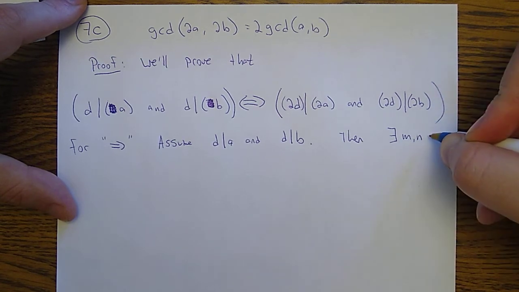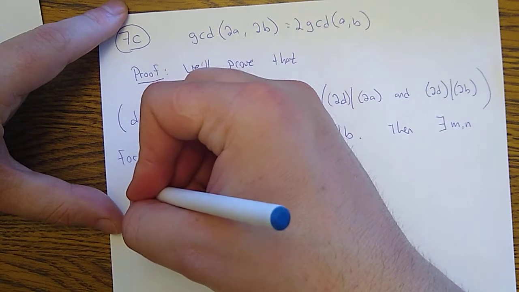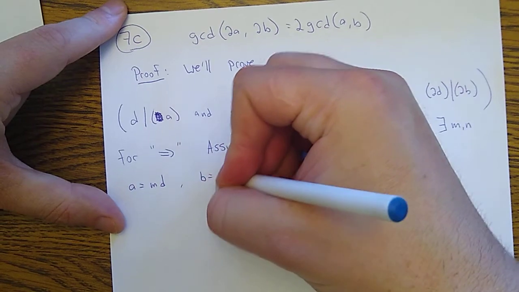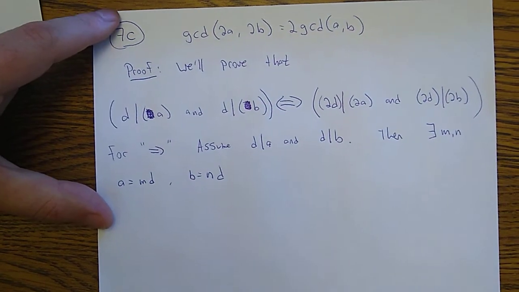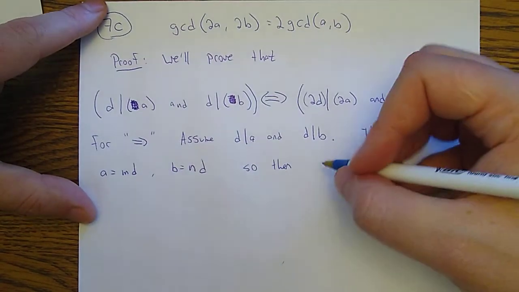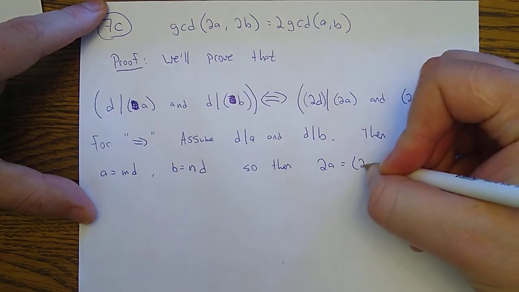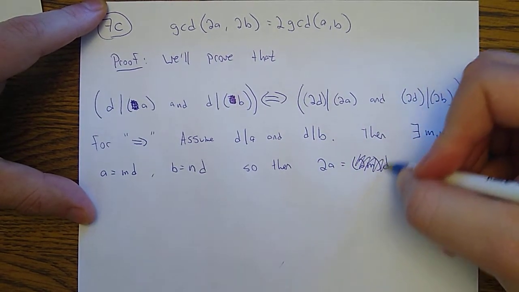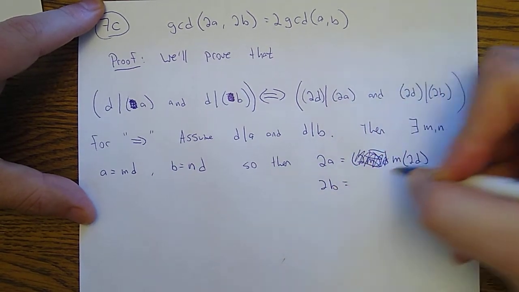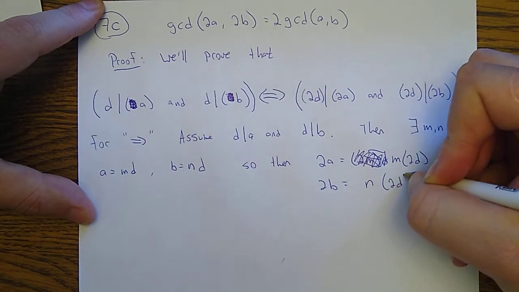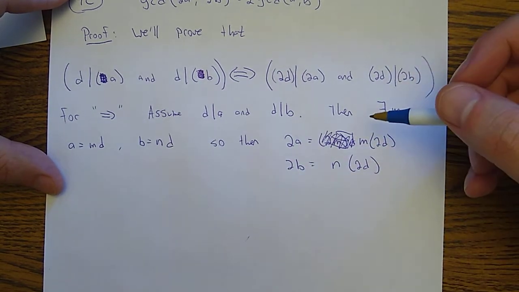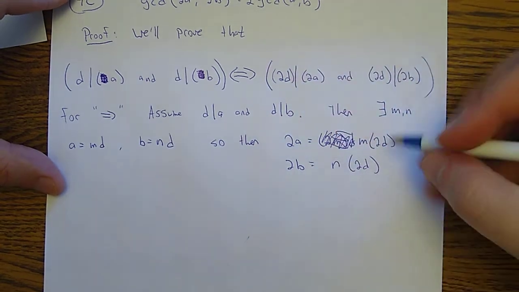So there exist two numbers such that A is M times D and B is N times D. So then 2A would just be M times 2D. That's how I want to write it. And 2B is N times 2D. In other words, this is a multiple of 2D, and this is a multiple of 2D. So we get this.